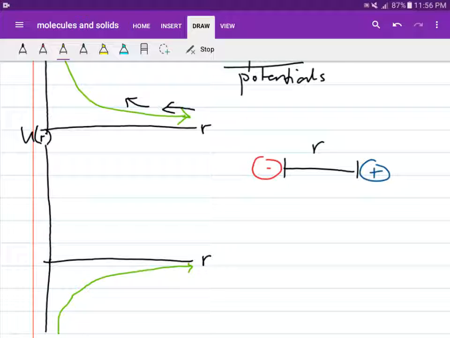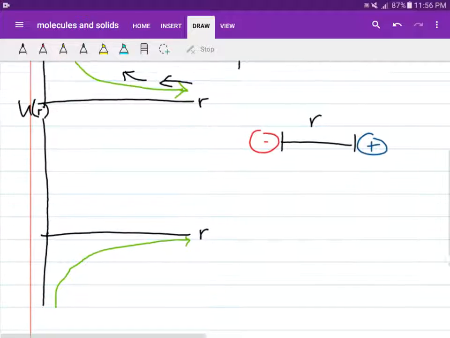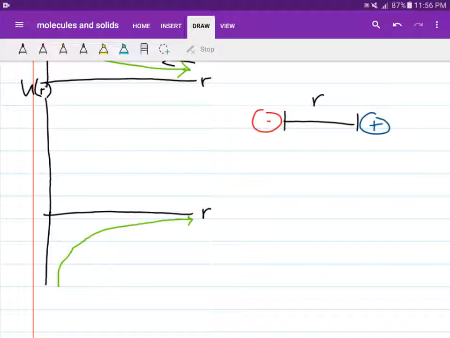So as you move these two charged particles together, the potential becomes more attractive.